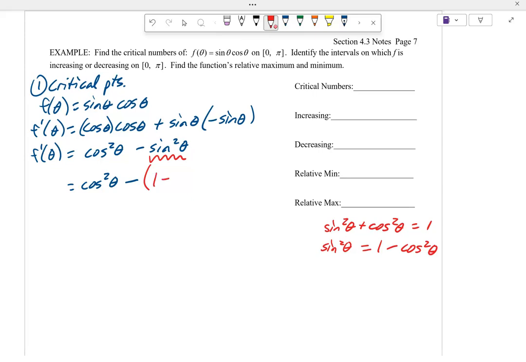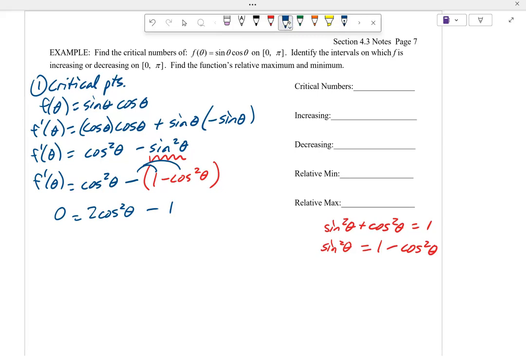Replace sine squared with 1 minus cosine squared. And so our derivative ends up being cosine squared plus cosine squared, I got 2 of these cosine squareds, minus 1. And so set that equal to 0.